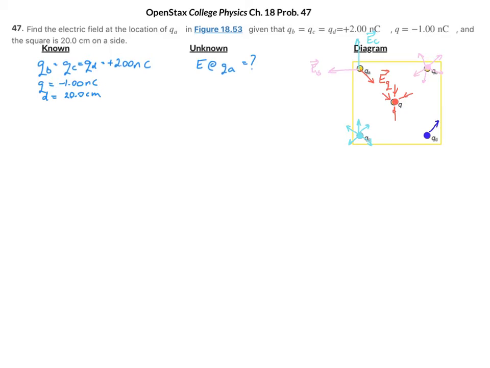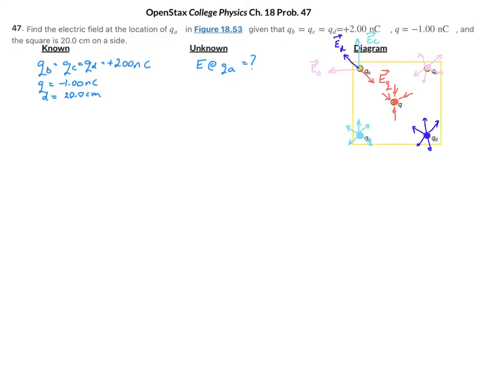The electric field lines radiate outward from a positive charge, and that means that at the location of QA, the electric field will be in this direction, away from QD, and that is E sub D. So I have the electric fields due to these charges.